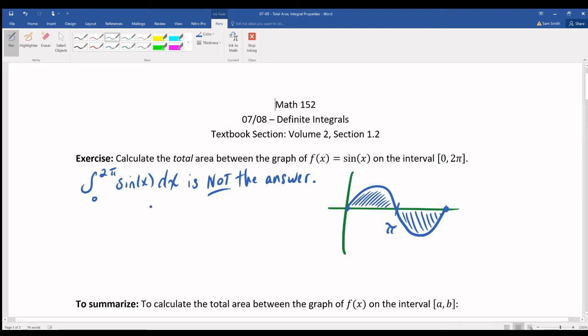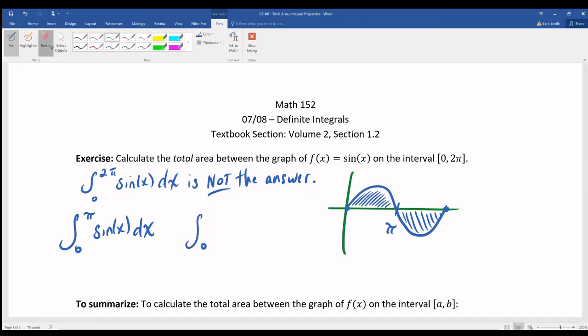The trick that we do to transform this definite integral from a net area calculation to a total area calculation is we split this up as two separate calculations. I'm going to take not just one definite integral, but two definite integrals.